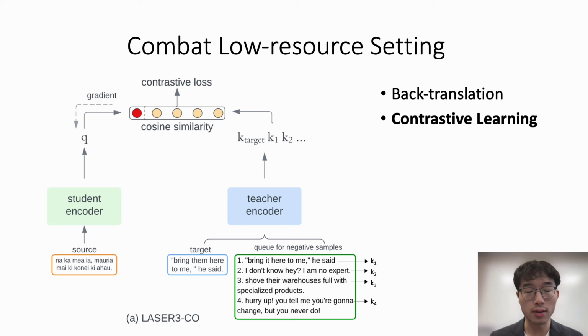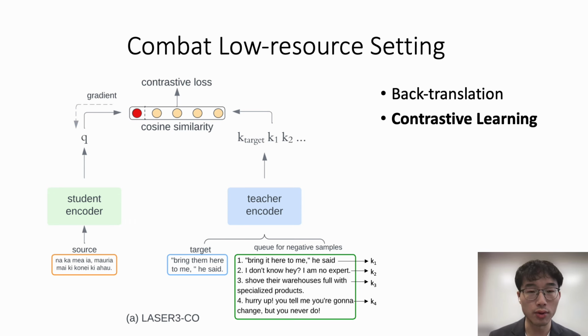To store them in the memory or a queue is inspired from the prior work such as MoCo, momentum contrastive learning. And we use it because our teacher encoder is a fixed encoder, it's pre-trained, and there's no update to the parameters.